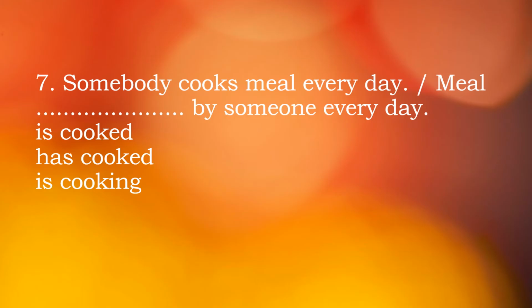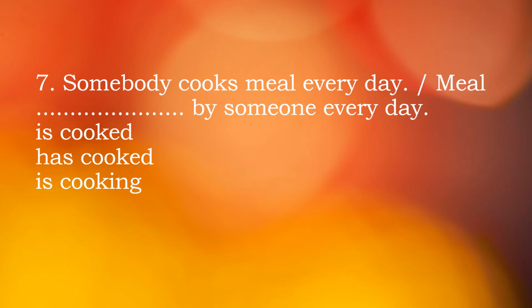As it is present simple tense, you take the object at the beginning, then am, is, are. You understand? Then B3, then object. So which of the 3 options goes? Is cooked, has cooked, is cooking. See the next 2 options: has cooked, has or have we take if we find have in the first sentence, but it doesn't have.